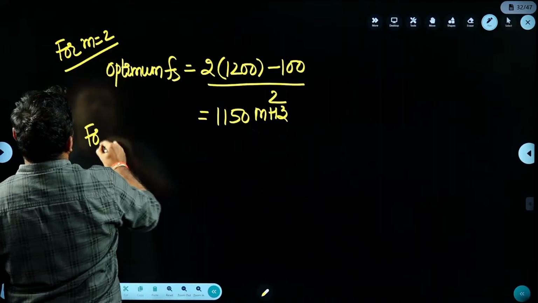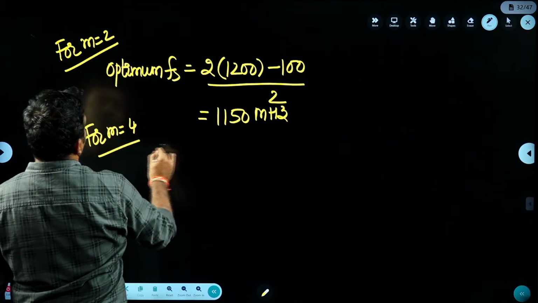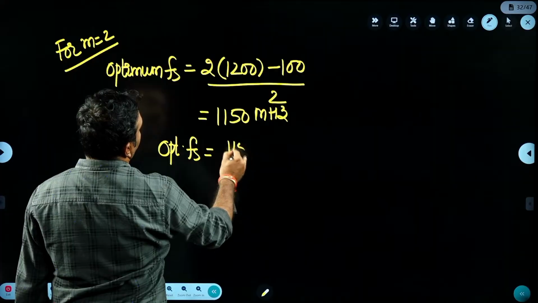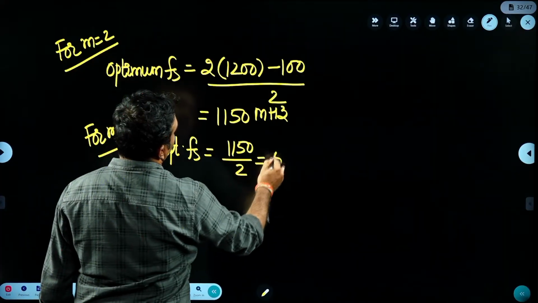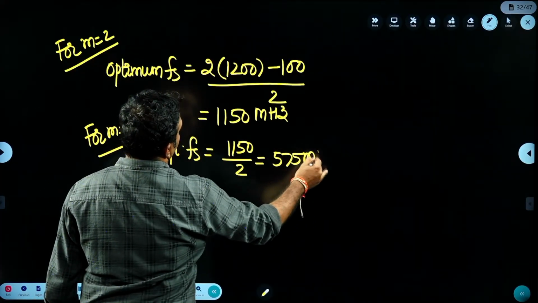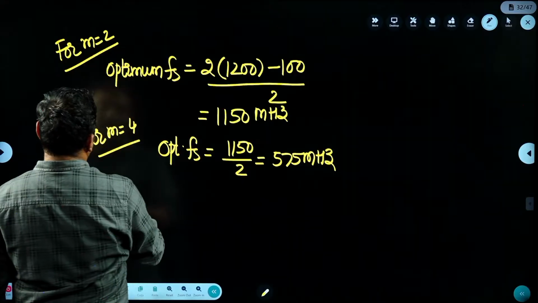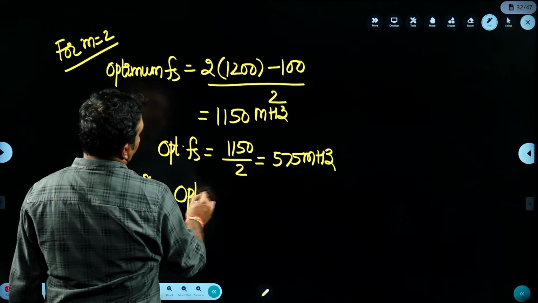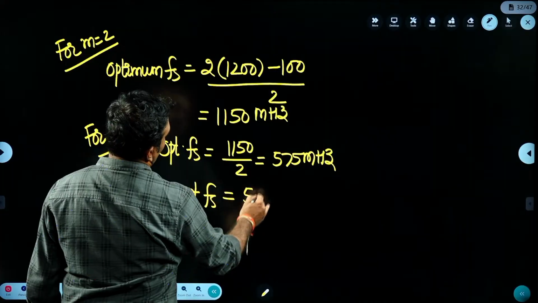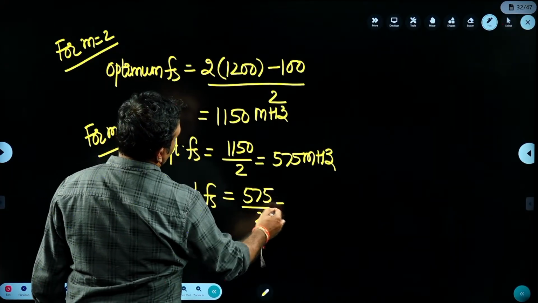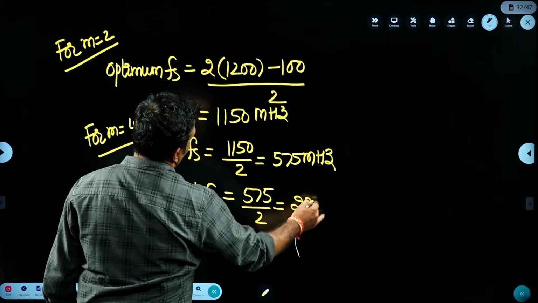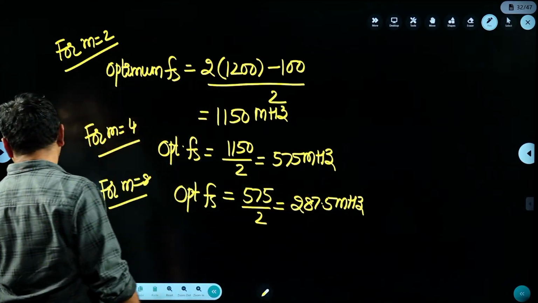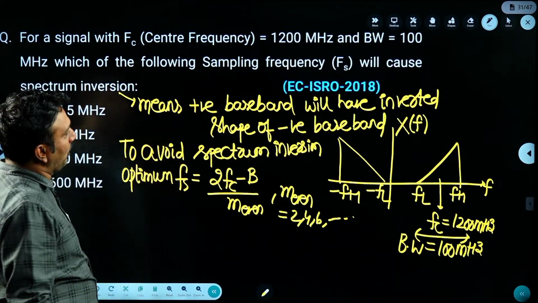M equals to 4 means same answer divided by 2, that is 575 megahertz. If I take M value 8, same answer divided by again 2, that is 287.5 megahertz. So, we are using this formula to avoid spectrum inversion.